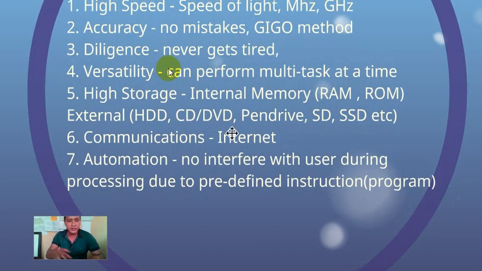Suppose you can open a game, and in the background play music, and at the same time open Word, Photoshop, Excel, many programs at a time. That means computer can do many tasks at one time. That is called versatile.